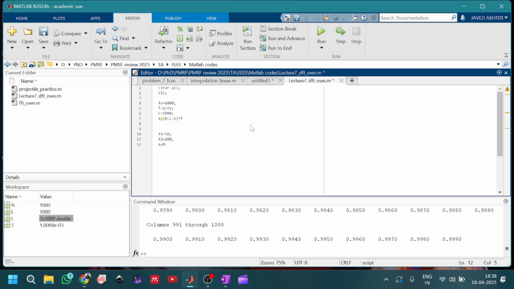Let me give the amplitude, then sine. We have to add the second term, sine, to t.